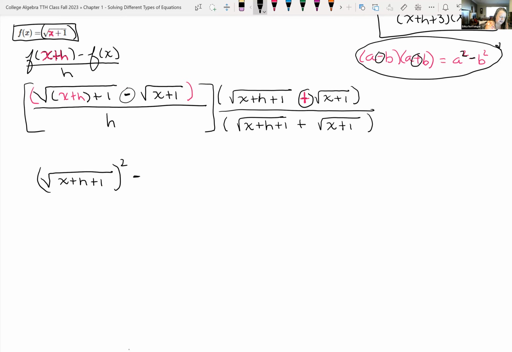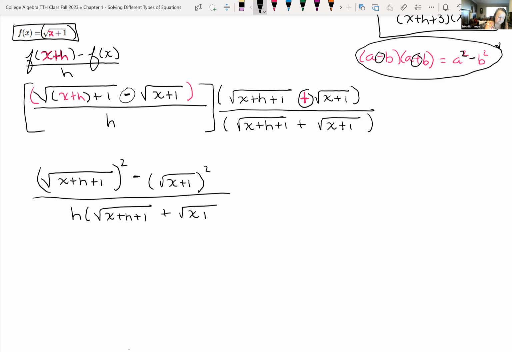Minus, I can take the second term, which is the square root of x plus 1. I can square it, all over h times the square root of x plus h plus 1 plus the square root of x plus 1.